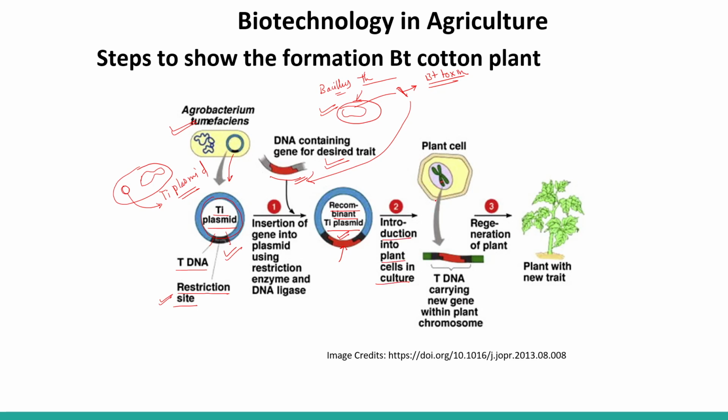So we will take a plant cell and introduce this recombinant Ti plasmid into it. Okay. So what happens after the regeneration? We will get a plant with a new trait. With the help of tissue culture, we will generate a new plant. And this plant will have Bt toxin.